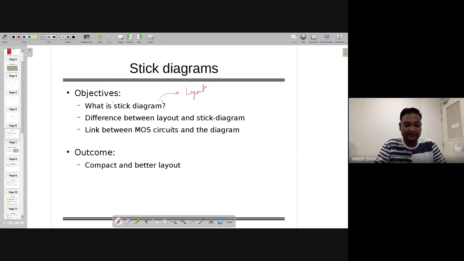That makes life a little bit simpler, because the MOS circuits and the layout are connected through a stick diagram. That has to be made as a draft layout, so that you can have a compact and better layout. When you are making a compact one, of course, it will have lesser parasitic effects. And at the end of the day, VLSI is all about very large scale integration. We have to keep everything in a small area.